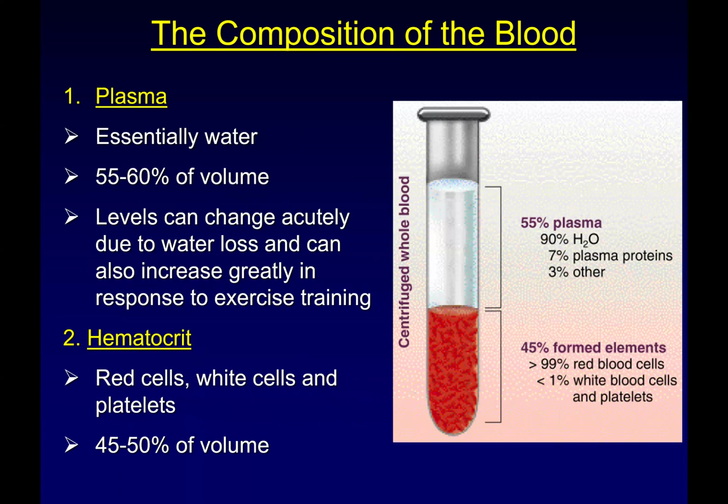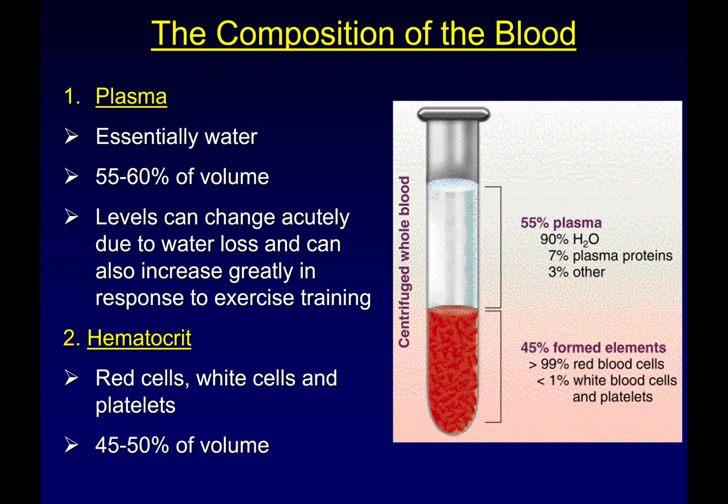Okay. So here's a tube. We drew some blood from you. We put it in a centrifuge and we spun it around, and it separates. It separates because blood, although we see it macroscopically as a liquid, is actually water with a bunch of cells in it. And so the plasma is essentially the water that's in your blood.